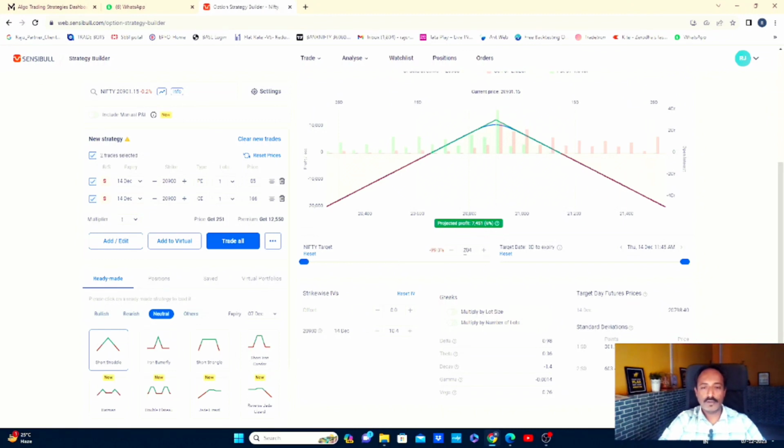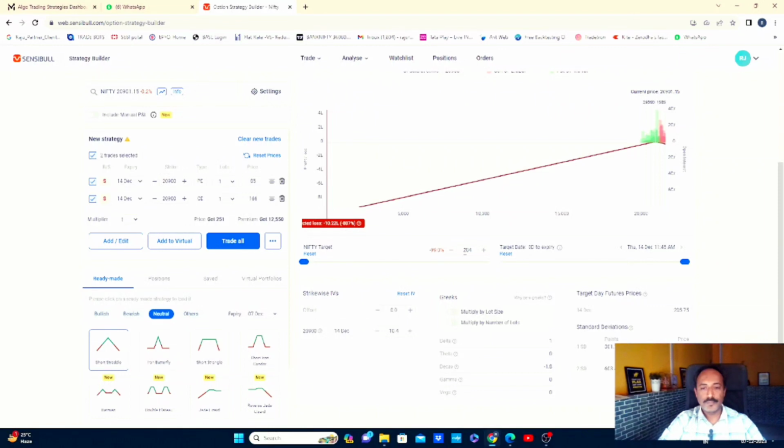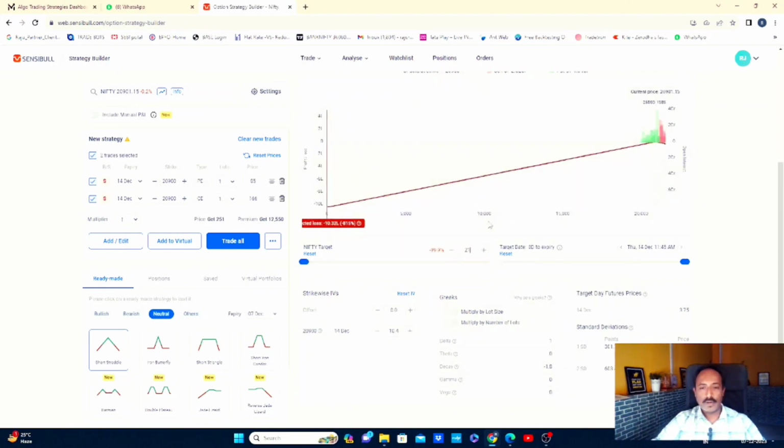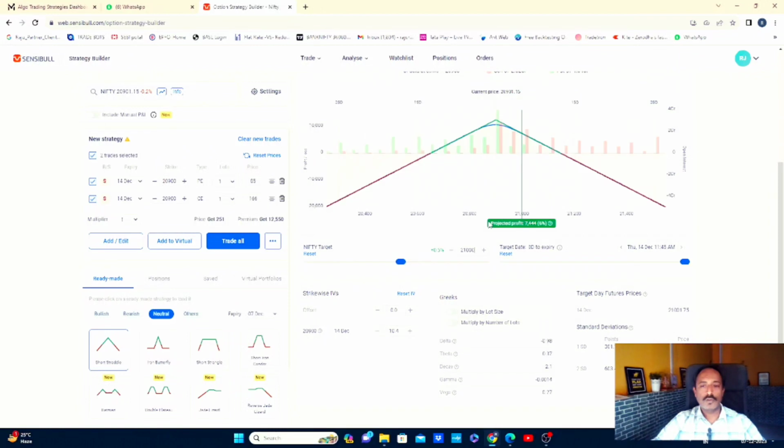Even if it closes at 20,800 on Thursday, you will still be in a profit of 7,600. What if it closes at 21,000? Still you will be in a profit of 7,000.